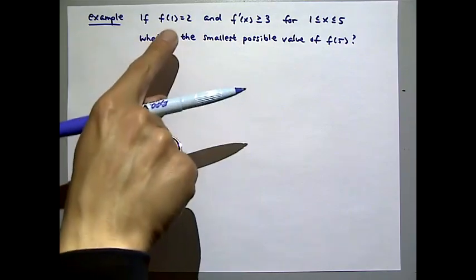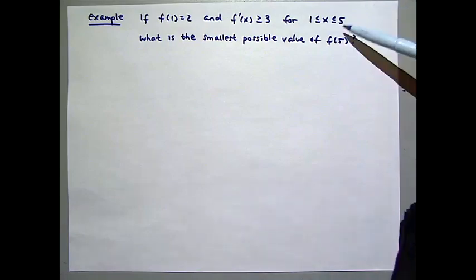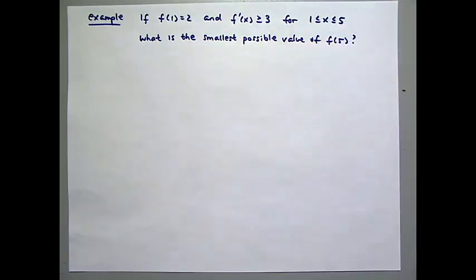Okay, we know one location where we start. We know the slope of the tangent line on this interval. We know that for certain. It's no smaller than 3 on 1 to 5. We're looking for the smallest possible value of f of 5.